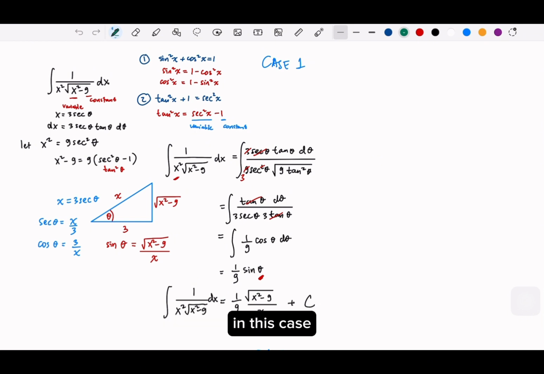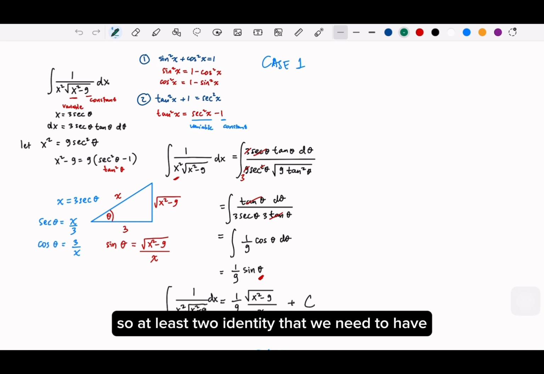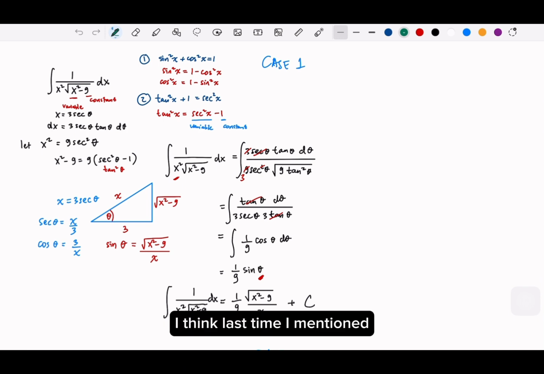In this case, what we need is some identities. At least 2 identities that we need to have. I think last time I mentioned, the first is the basic identity.